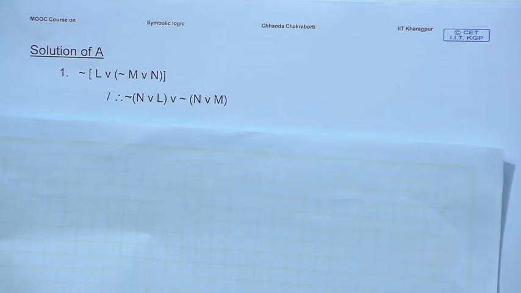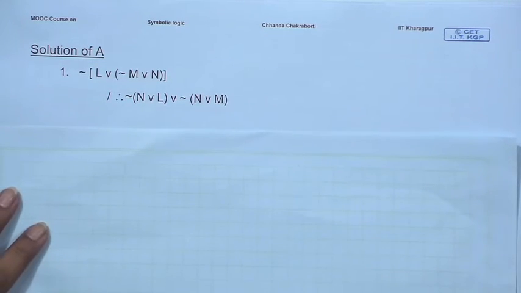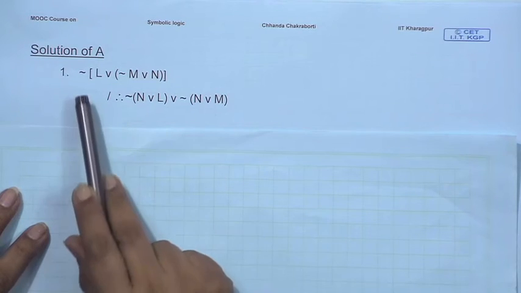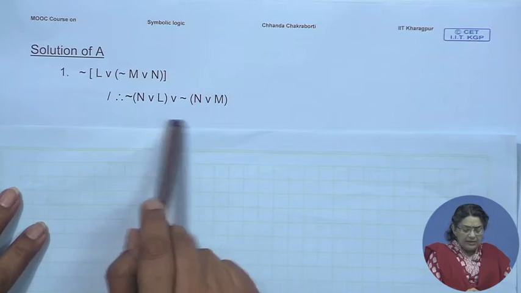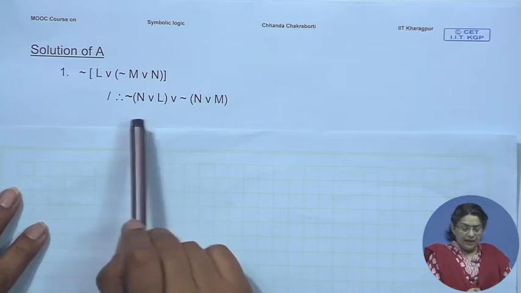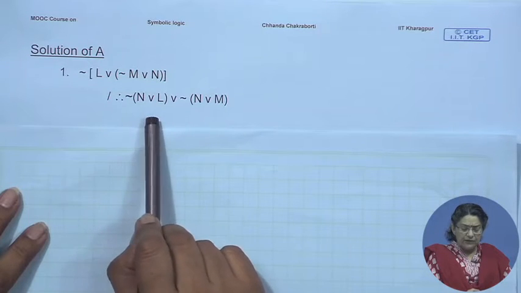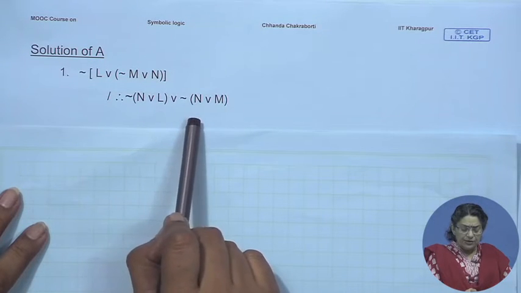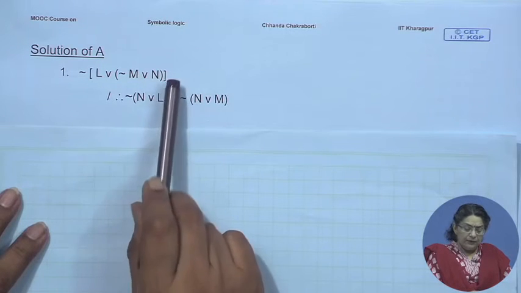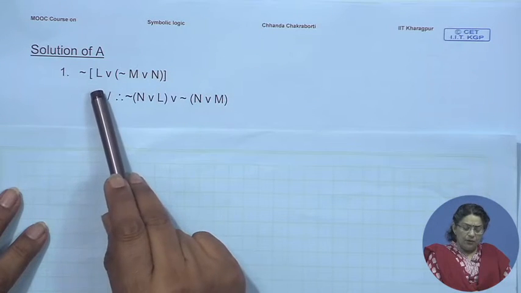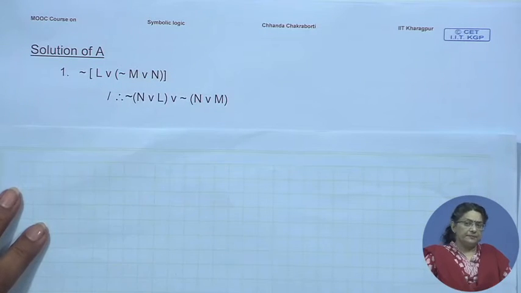The solution of the first problem, I have worked it in this way. This is the conclusion: not N or L, or not N or M. If you look into the premise, all your components are there.